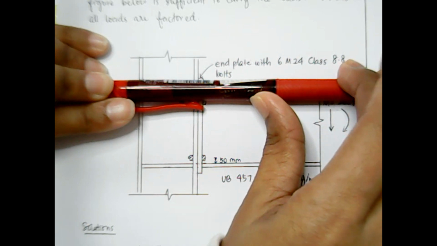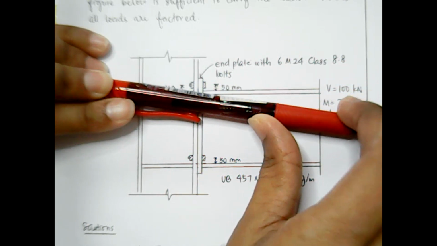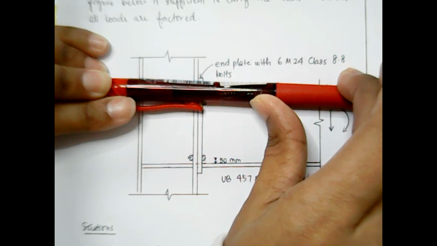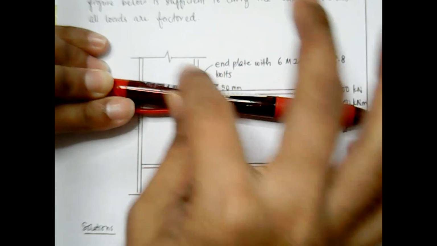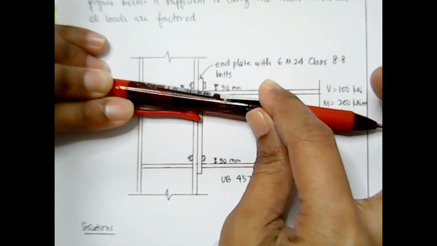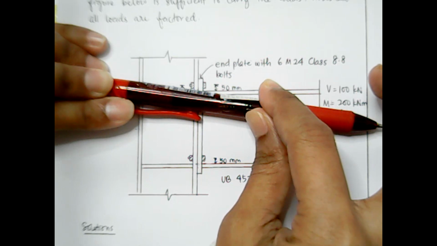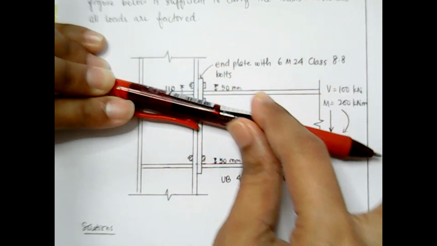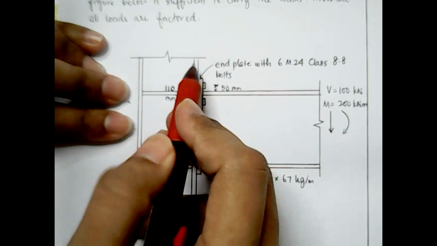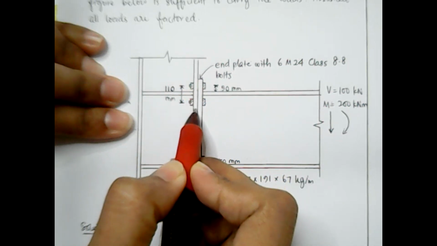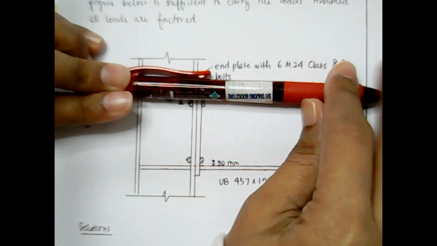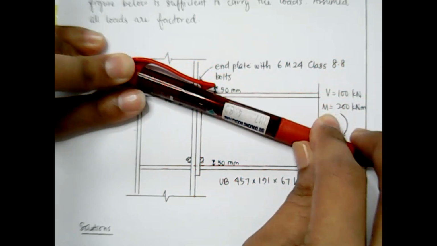So when the bolt is twisting together with the moment, the bolt will definitely act in tension. So the first mechanism is bolt in shear. The second mechanism is bolt in tension.